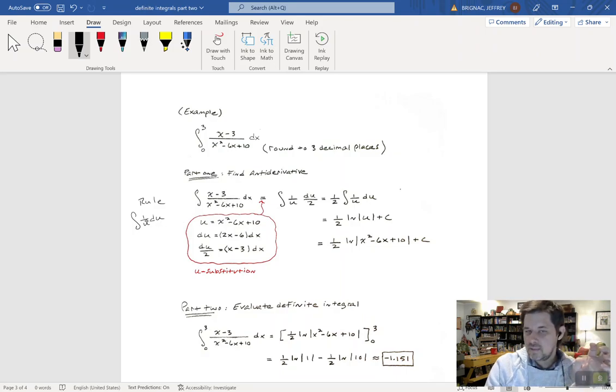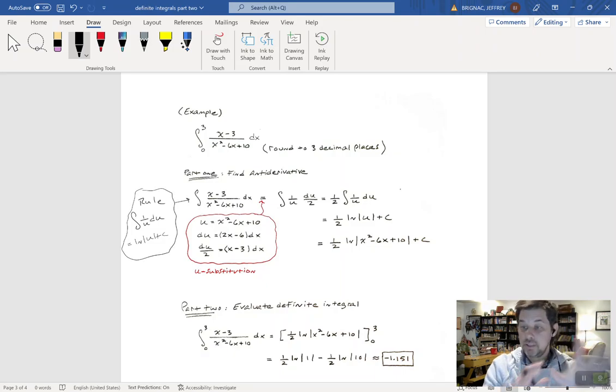So I think if that thing on the bottom could be the u, the thing on the top will end up being the du. That's my impression. So I think that'll be my rule, which says that the answer is natural log absolute value of u plus c.